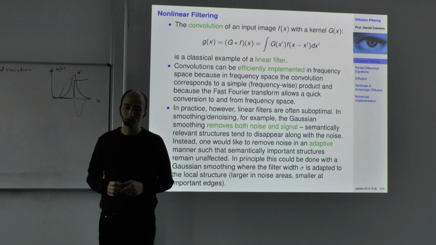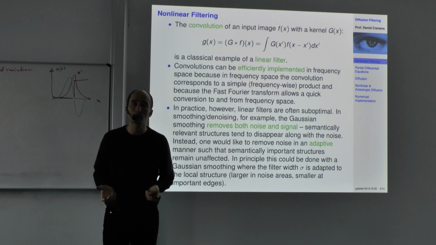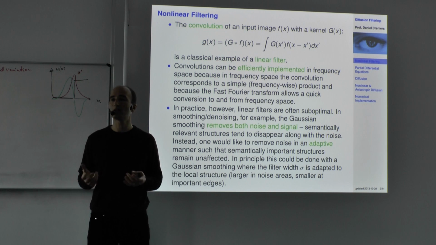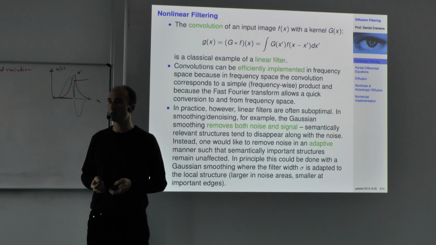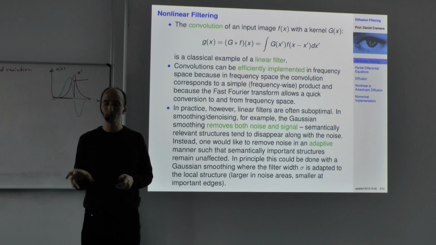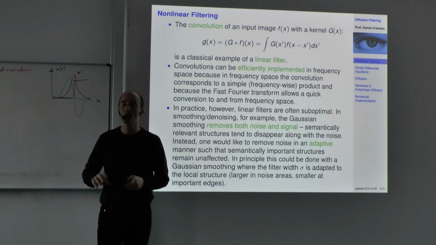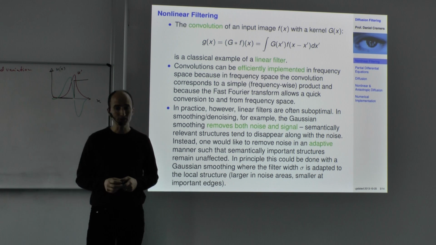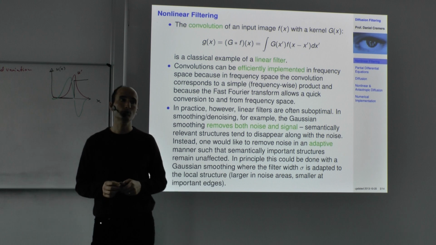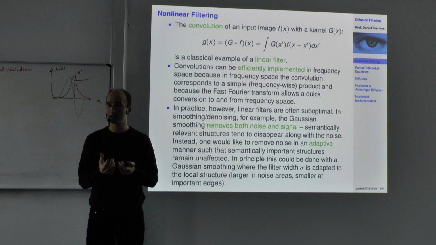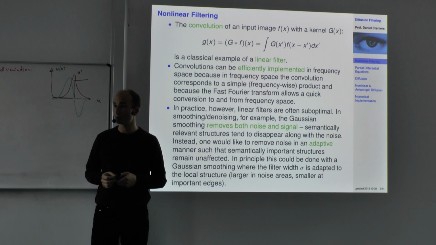The difficulty with the median filter is it works quite well, and it's used very frequently, but it's very hard to generalize that to other types of nonlinear filters. And so while the median as a recipe is a good thing to have and to know, it doesn't generalize easily. And so today with the diffusion filters, we'll talk about nonlinear filters that generalize more easily and that have a very intuitive interpretation.